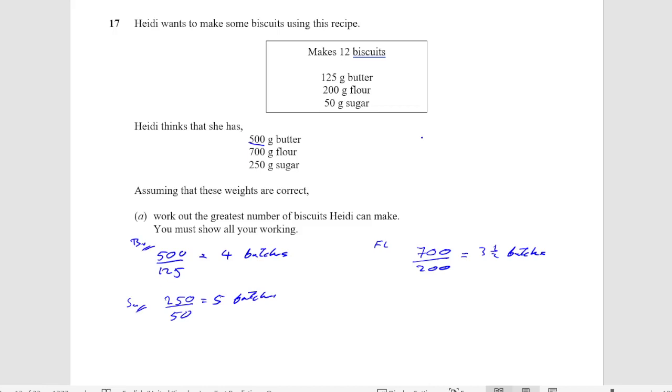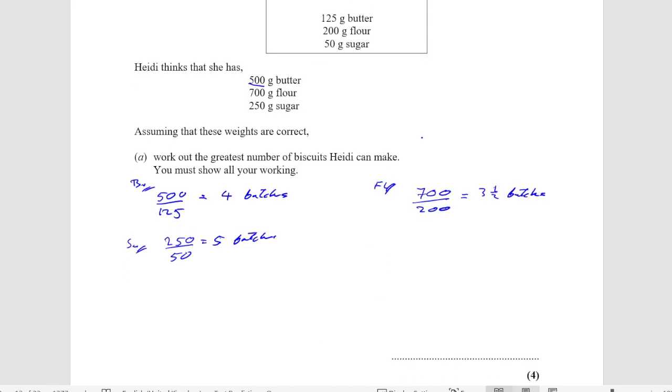So our limiting factor here is the flour. So we can only make 3.5 batches. We'll do 3.5 times by each batch will produce 12. So that's going to be 3 times 12 is 36, and then half of 12 is 6. So we've got enough for 42 biscuits.